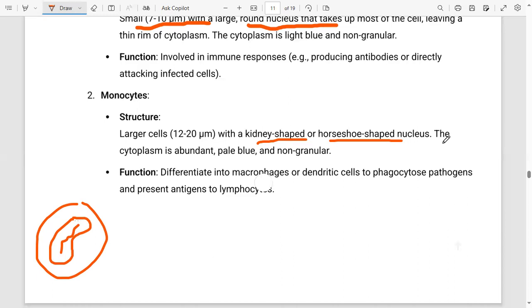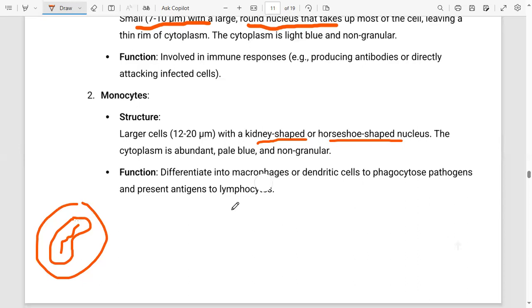What about the cytoplasm? The cytoplasm is abundant and pale blue as well, and it's non-granular, meaning it has no granules. The function of these monocytes is to differentiate into macrophages or dendritic cells, to phagocytose pathogens and present antigens to lymphocytes.